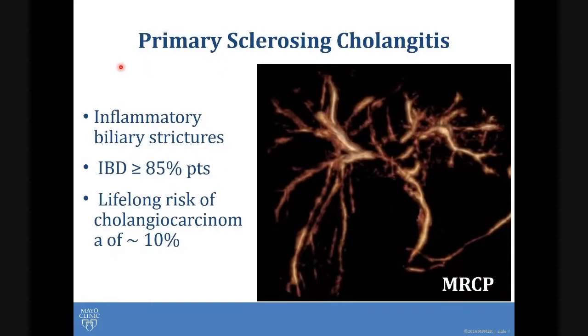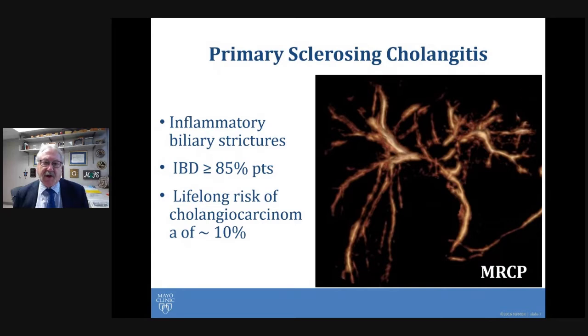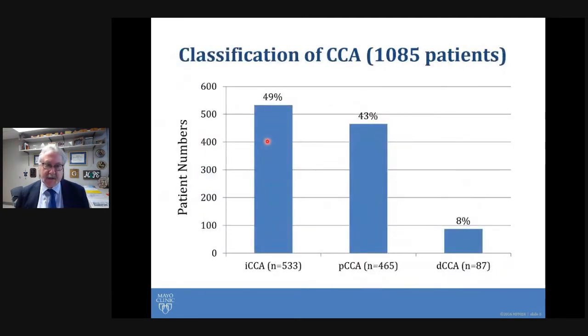One of the risk factors for this disease is primary sclerosing cholangitis, and the majority of cholangiocarcinomas that occur in this disease are perihilar cholangiocarcinomas. We've looked at over 1,000 patients seen at the Mayo Clinic for the classification of cholangiocarcinoma by anatomic subtype.